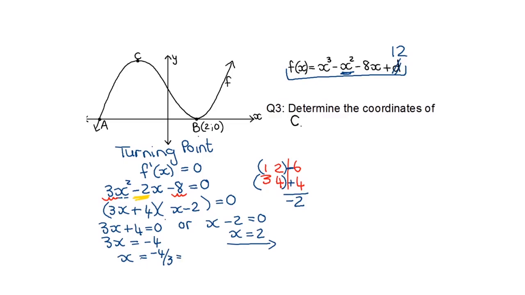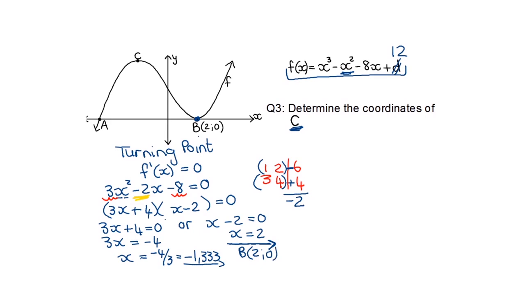So the two x values, they didn't ask me for both turning points, they asked me for just C. So the one value that I got was x is equal to 2, but that is referring to this turning point that they actually gave me. So that one is referring to point B. So the point C must be this one with the negative 4/3 as an x value.